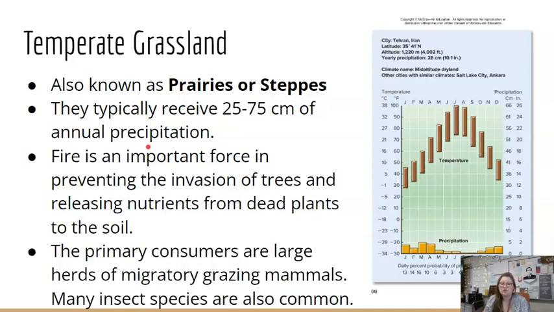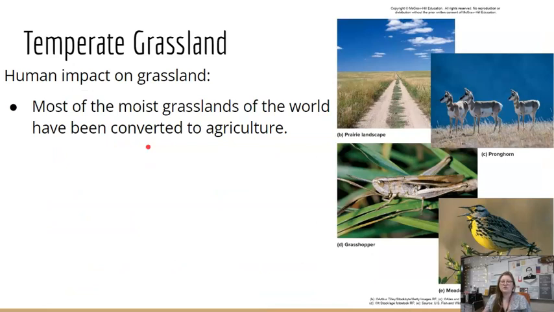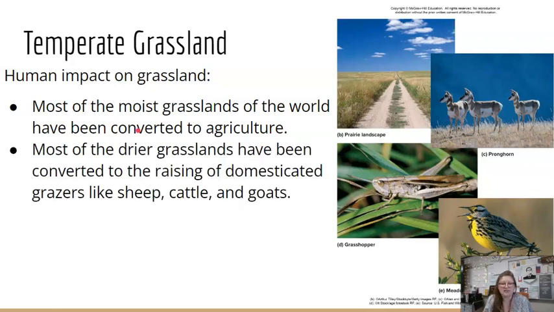The primary consumers are large herds of migratory grazing mammals. Many insect species are also common. That's why here we have so many insects, because we are in a grassland. For human impact, most of the moist grasslands of the world have been converted to agriculture. That's why there is so much agriculture in the Midwest of the US, because it was grasslands.